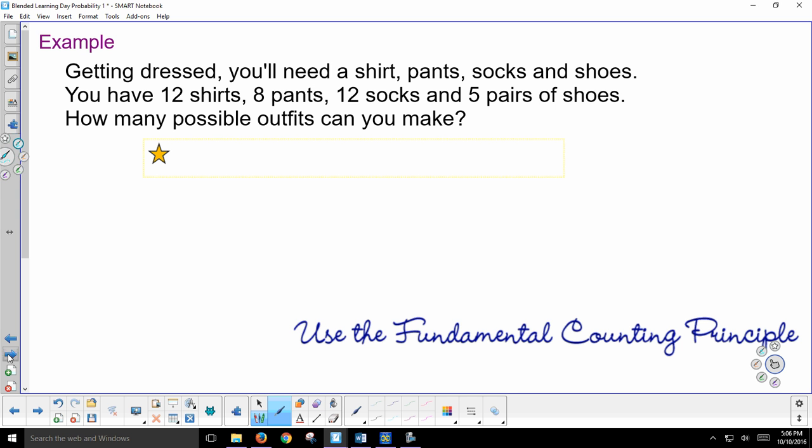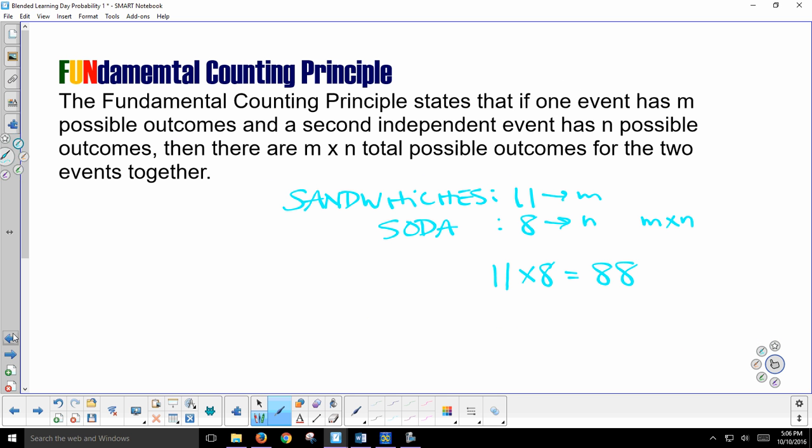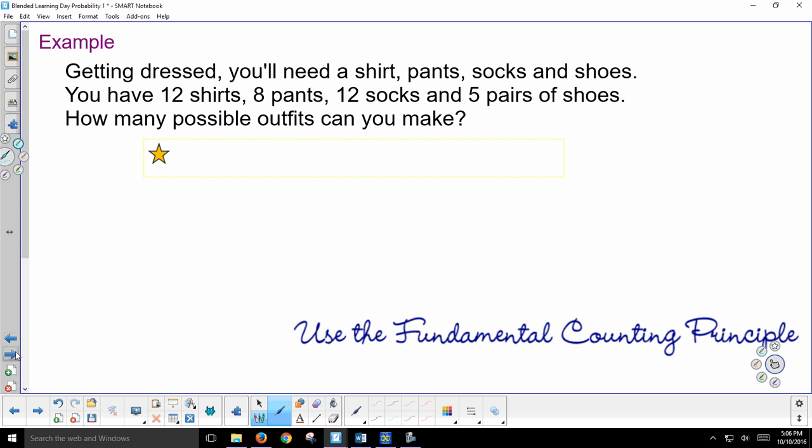Well, the fundamental counting principle says that if you have, well, let's go look. What does it say? If you have one event that has m possible outcomes and a second independent event that has n possible outcomes, we multiply those together. Well, we sort of have that plus more. So I'm going to say I have 12 shirts, I have 8 pants, I have 12 socks, and I have 5 shoes.